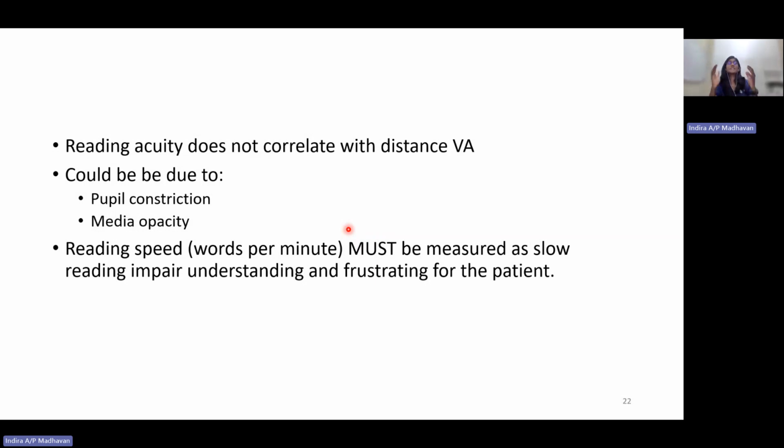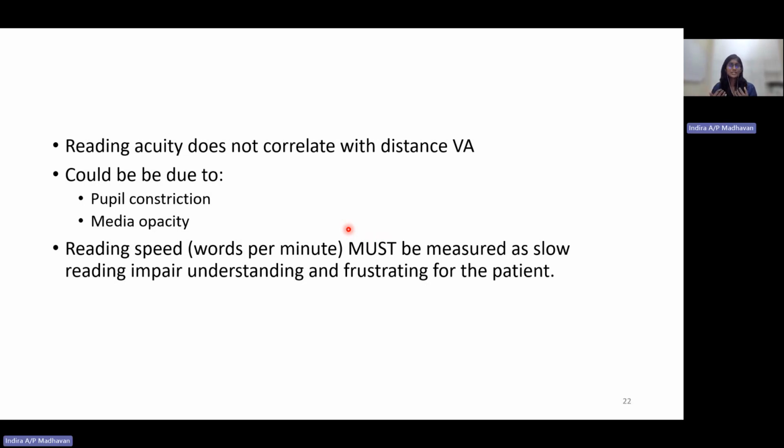For example, if a patient comes, you do the habitual VA measurement. You give them the chart, you measure the VA: good eye, bad eye, both eyes, done. Then after you do the assessment, you think that this patient might benefit from a magnifier.